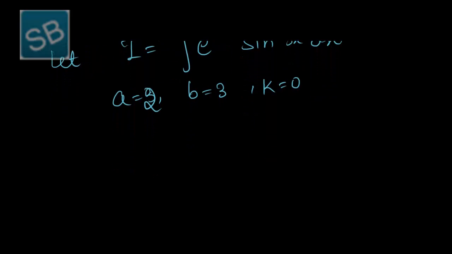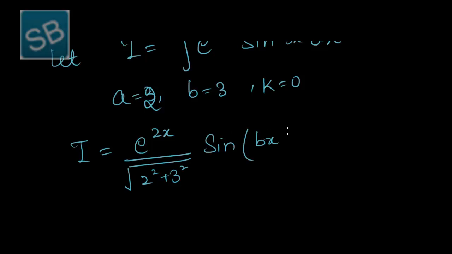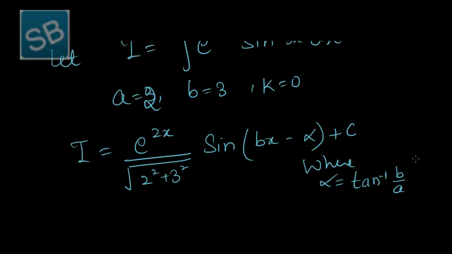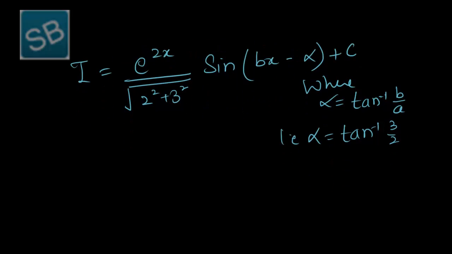So by using the above formula, we can get I is equal to e raised to power 2x over under root (a square plus b square) sin of (bx minus alpha) plus c, where alpha is tan inverse b over a, that is alpha is tan inverse 3 over 2.